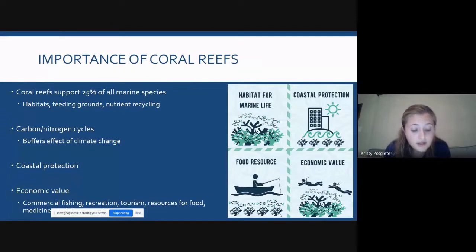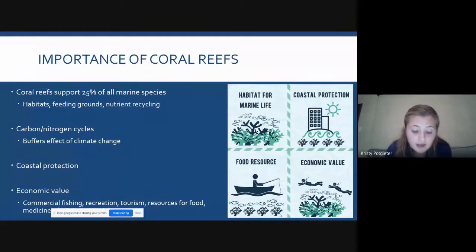Coral reefs are also incredibly important for humans. The physical structure of reefs protects coastlines and shores. It absorbs the wave energy and reduces the impact of big storms that hit the coastline. It's also estimated that worldwide, about 500 million people have some level of dependence upon coral reefs.